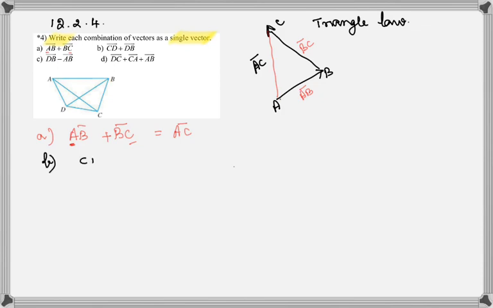Now part B, vector CD plus vector DB. So in the figure, it is vector CD, then vector DB.